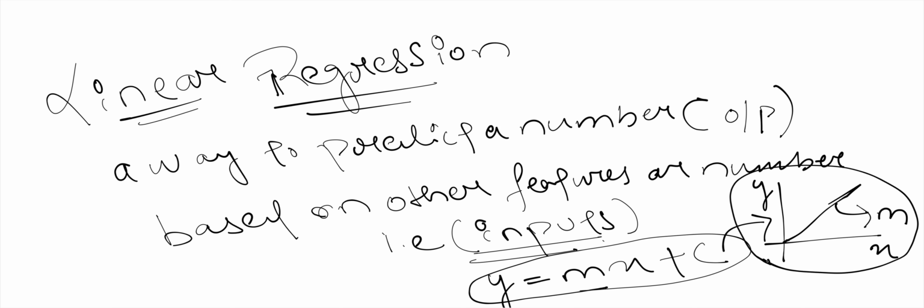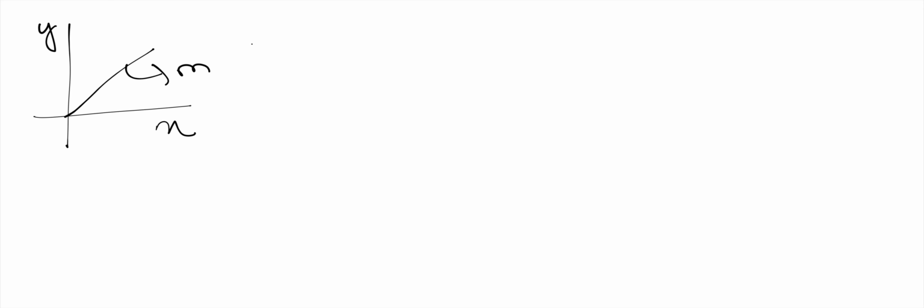Okay. Now, how do all of these things work? See, here we have our graph. We have your y, we have your x, we have your m, and y is equal to mx plus c.